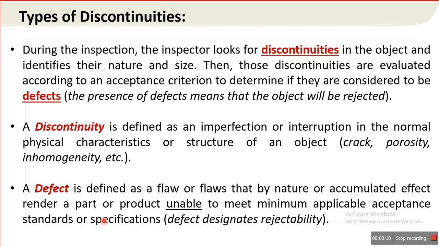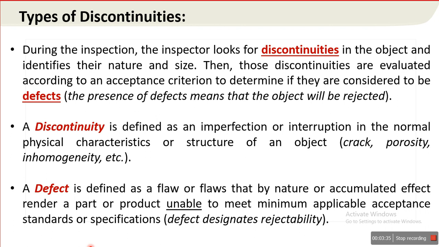Suppose a huge casting is there and that casting supports the main assembly. Suppose that component is a supporting structure and minor porosity is present inside that casting, then that discontinuity cannot be treated as a defect.